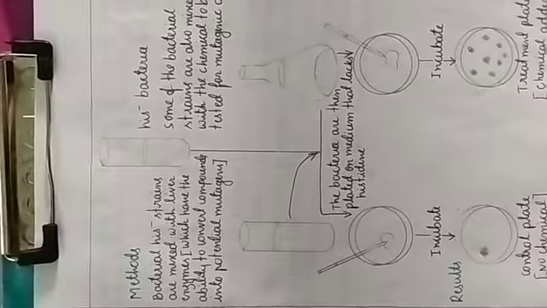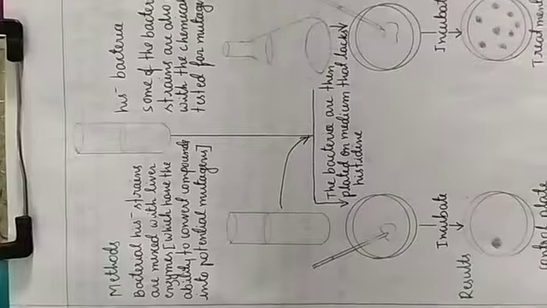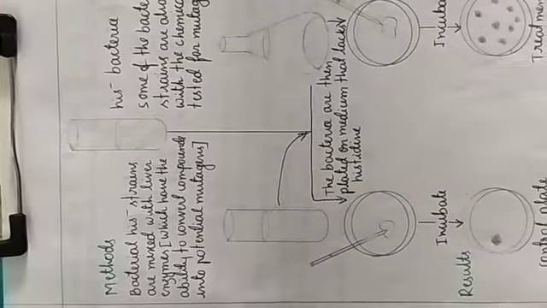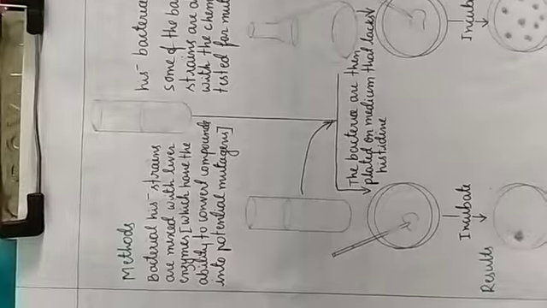See here, in the experiment, they have taken the histidine minus bacterial strains and mixed them with liver enzymes, which have the ability to convert compounds into potential mutagens. See what happens, some chemicals are basically not carcinogens.